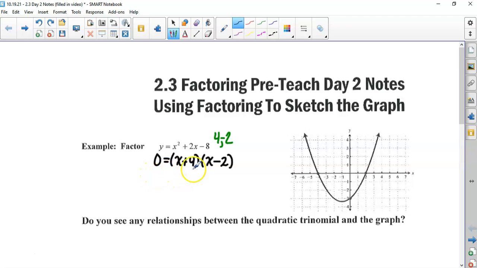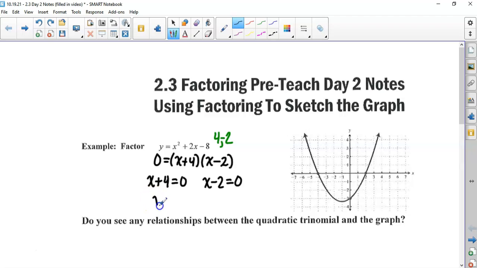To figure this out, we need to identify that we have a piece times a piece. So there's some value of x that makes this piece equal 0, and there's some value of x that makes this piece 0. So we can take each piece, set it equal to 0, and solve.